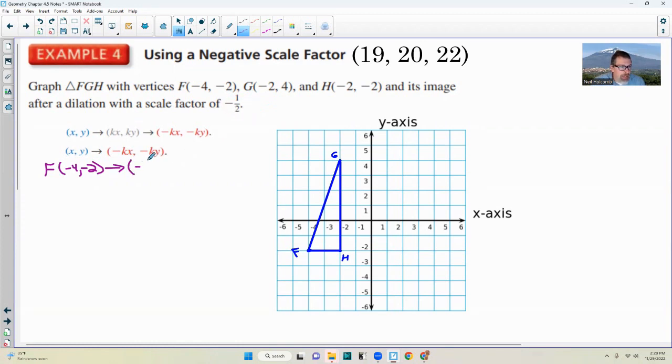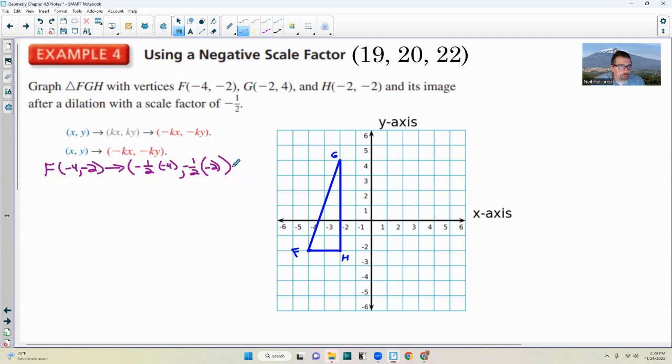So it's going to be -1/2 times my x, comma, -1/2 times my y, so -1/2 times -2, and close the parentheses.